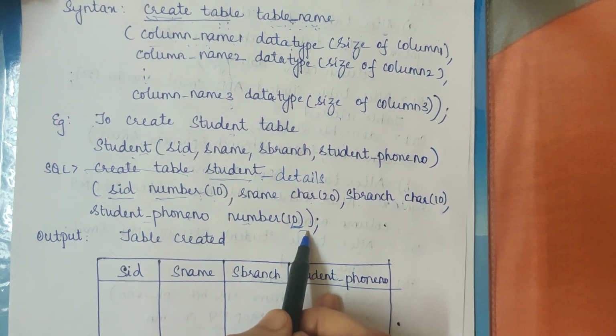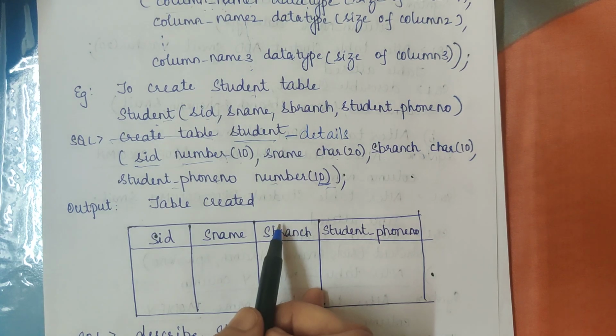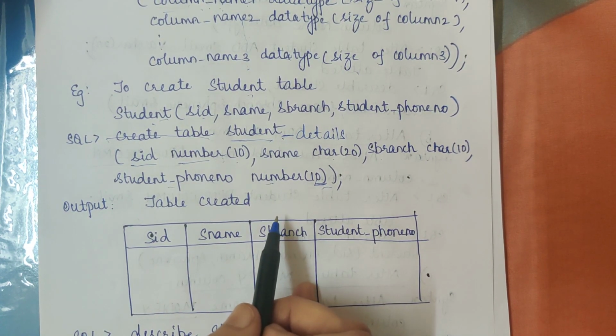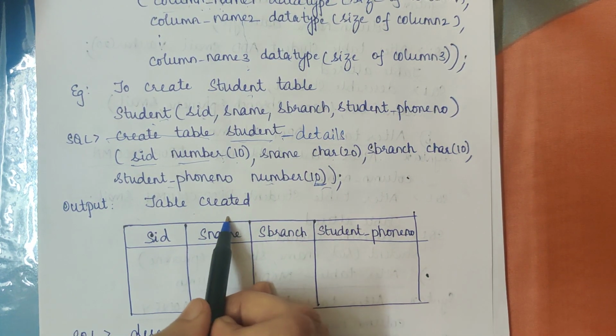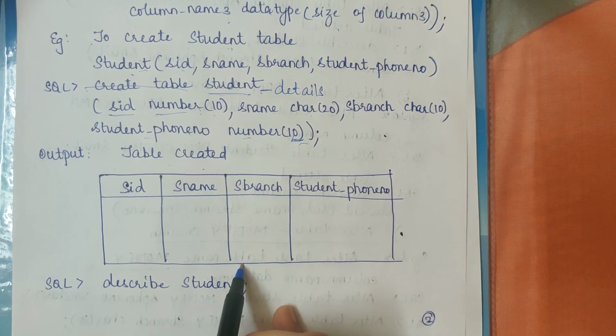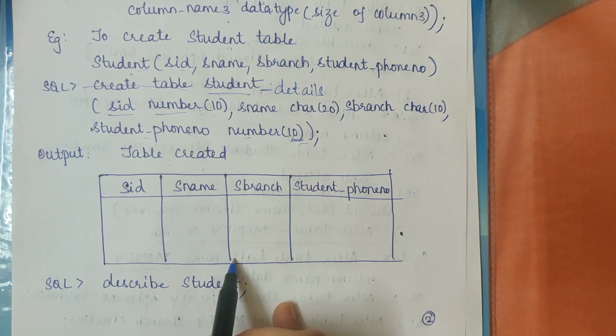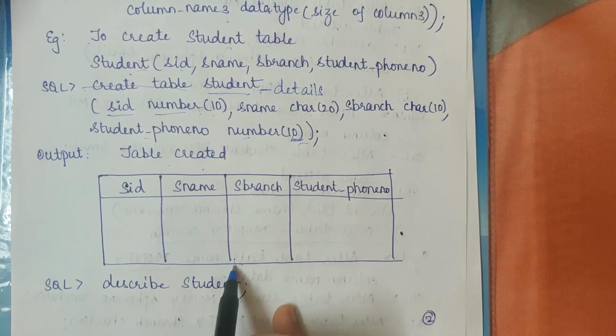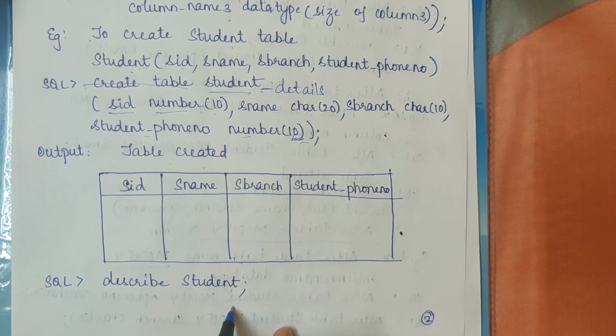Once this query is executed in an SQL prompt or any of the IDEs, the output will be table created. So this is the structure. In order to see the table along with the names of the columns and their data types, we can use describe student.